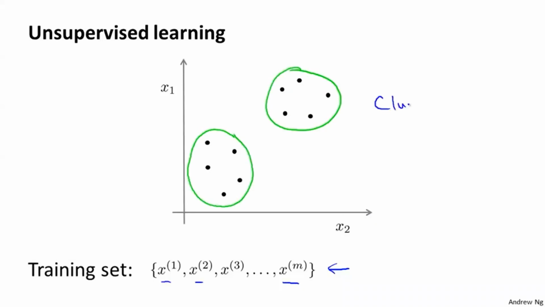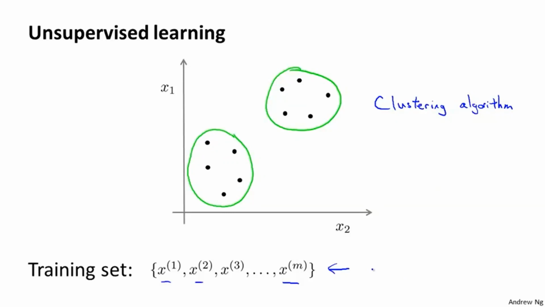And so an algorithm that finds clusters like the ones I've just circled is called a clustering algorithm. And this will be our first type of unsupervised learning, although there will be other types of unsupervised learning algorithms that we'll talk about later that find other types of structure or other types of patterns in the data other than clusters. We'll talk about this after we've talked about clustering.